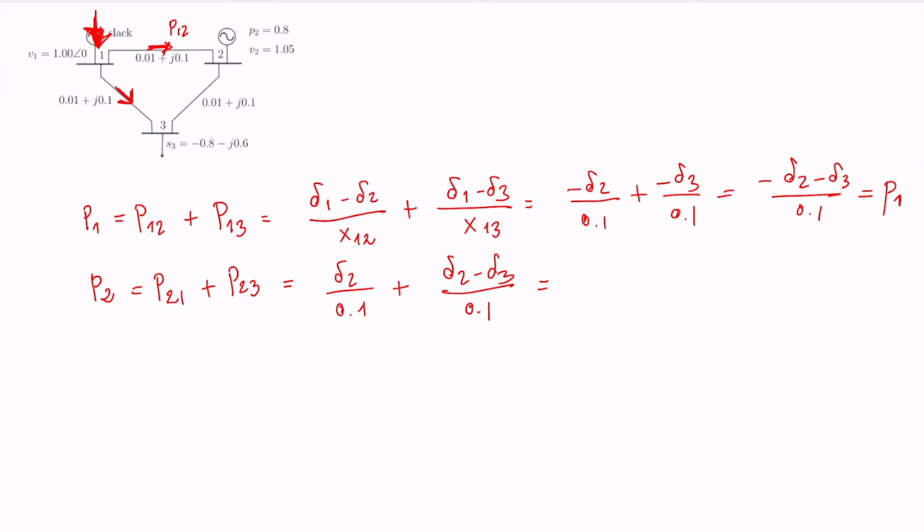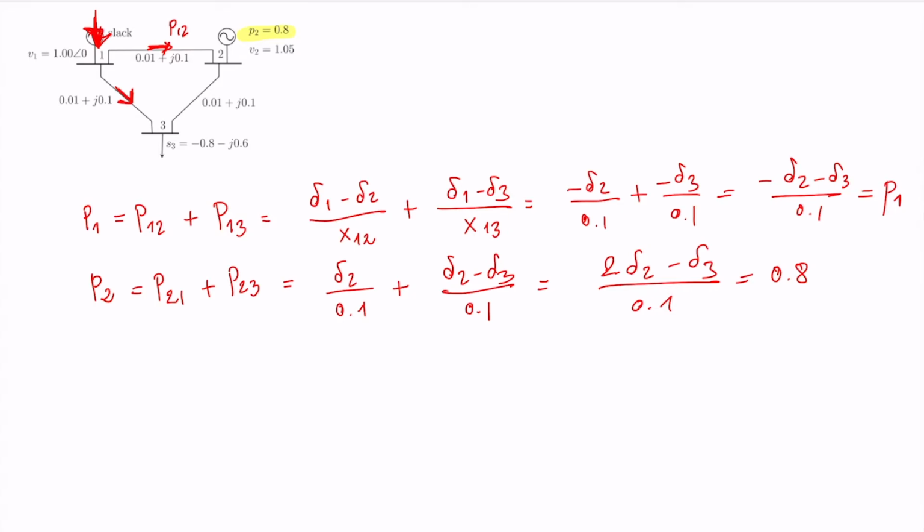This is equal to 2 delta 2 minus delta 3 divided by 0.1. In this case, I really know what the injected power is, which is 0.8.